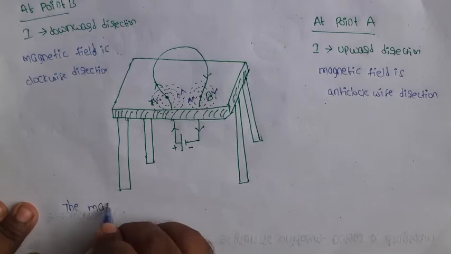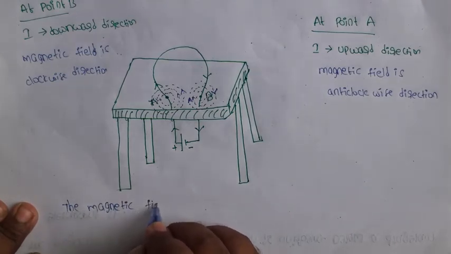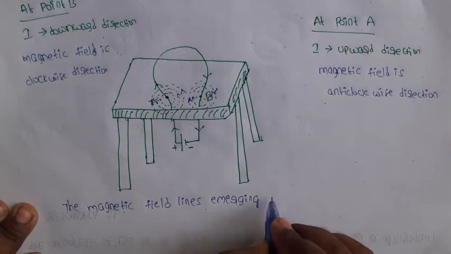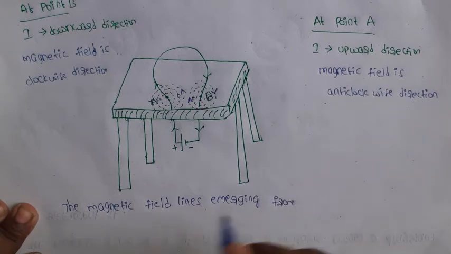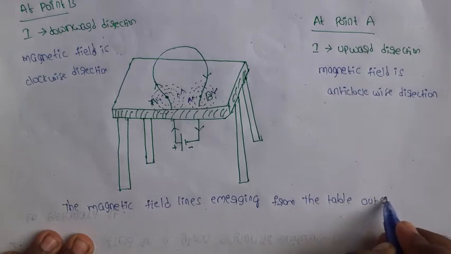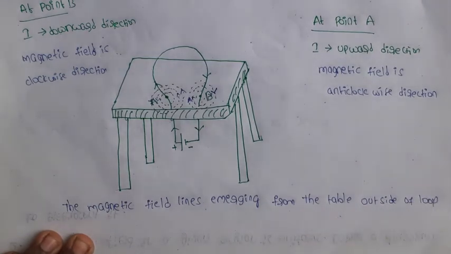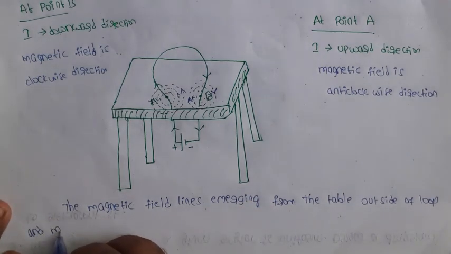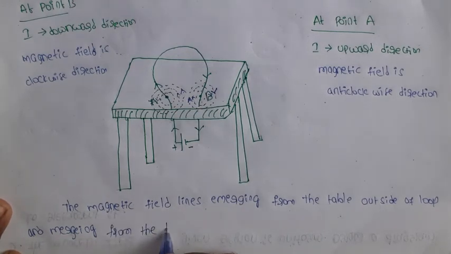The magnetic field lines are emerging from the table outside of the loop, and merging from the table inside of the loop.